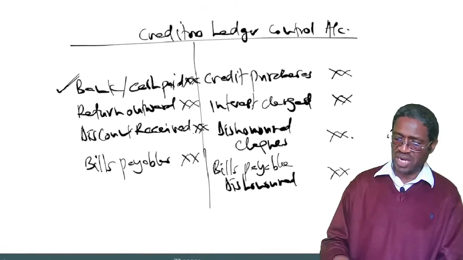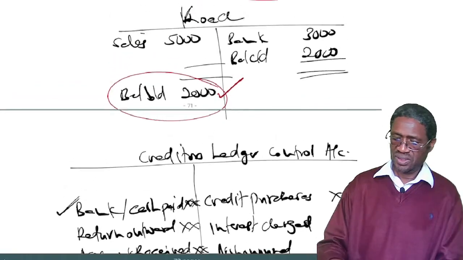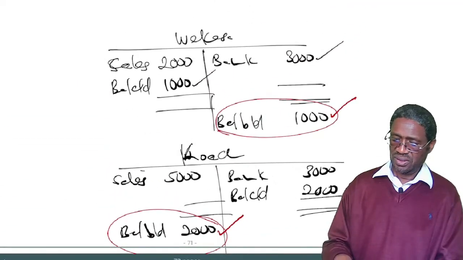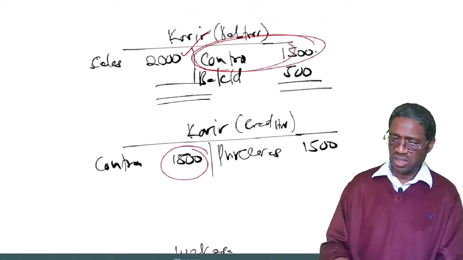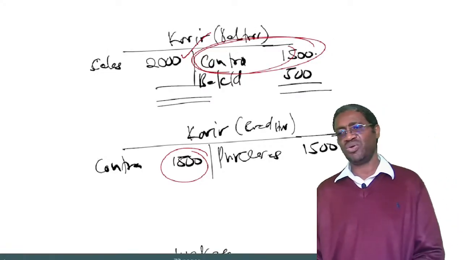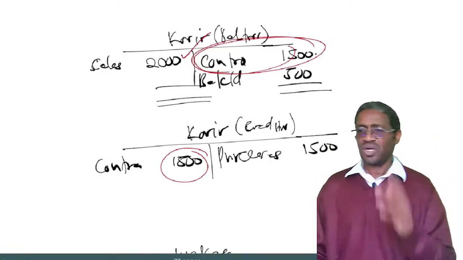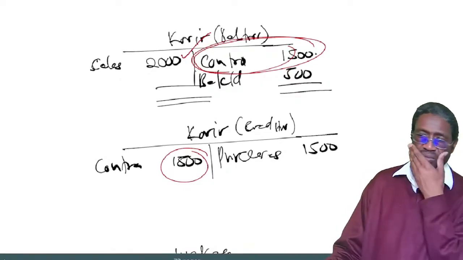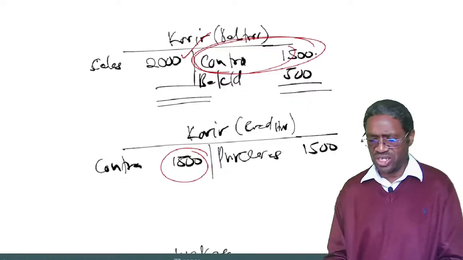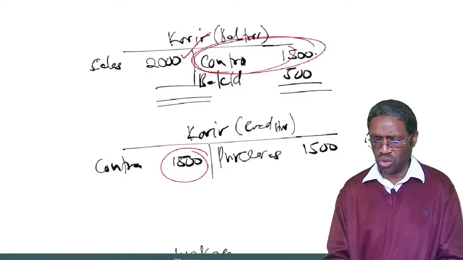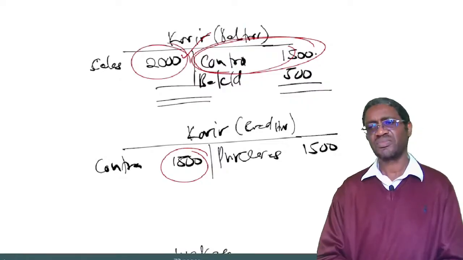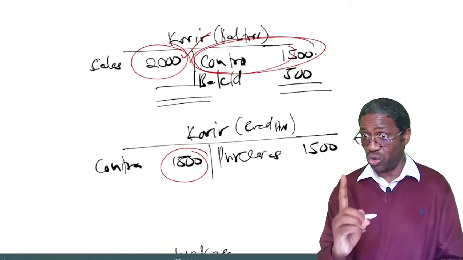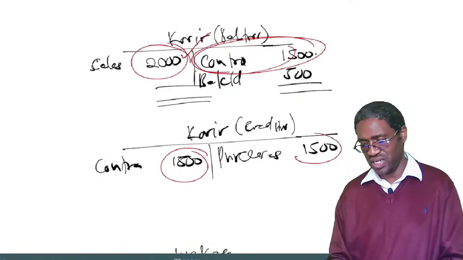Let me take you back here. Coril. Good. Now look at this. Coril was both a debtor and a creditor. We had initially sold goods to Coril for 2,000. We purchased from Coril goods worth 1,500.